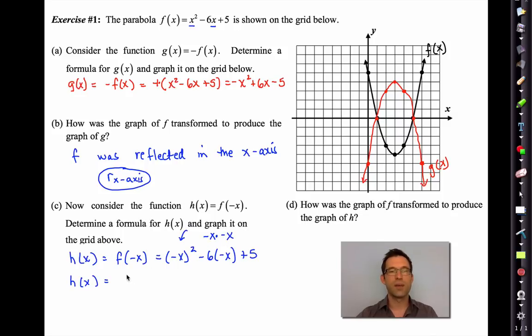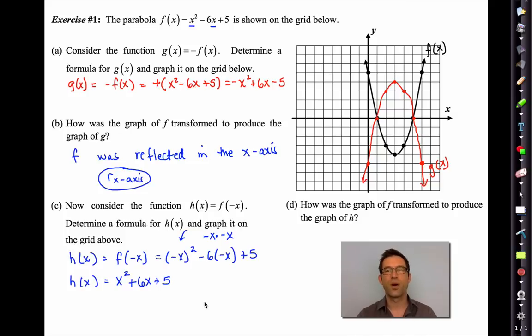A negative times a negative is a positive, and x times x is x squared. Now we have a negative 6 times negative x, but that's a positive 6x, and plus 5. So again, what I'd like you to do is pause the video now, create a table of values for that formula, and graph it.